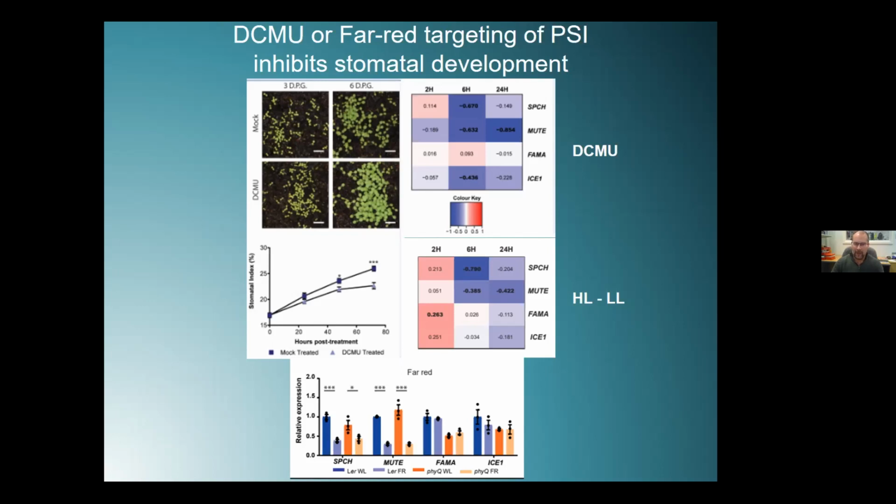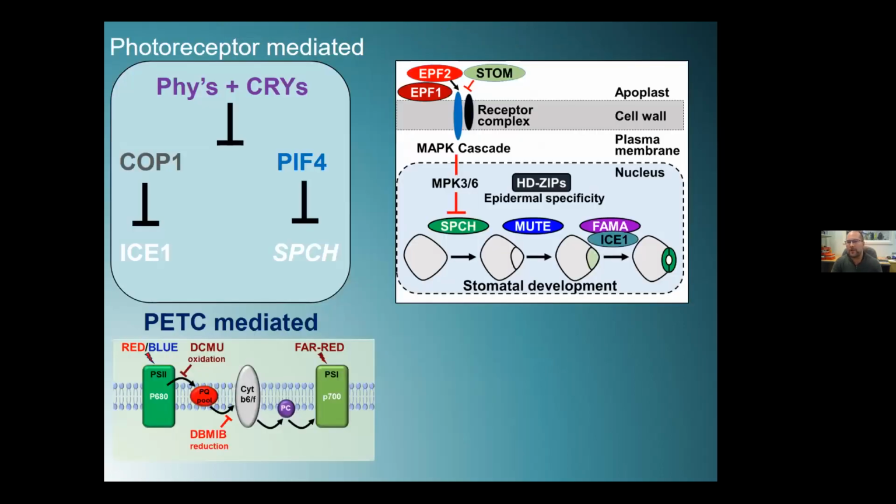And so that leads to really this conclusion that light regulation of stomatal development occurs at many points in the pathway, and there are many opportunities to modulate stomatal development within the leaf. And that, yes, it involves classical photoreceptors and photoreceptor pathways targeting these key components such as ICE1 and SPEECHLESS.